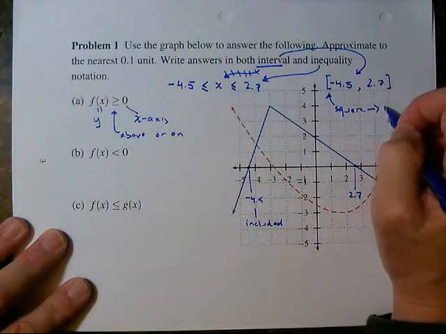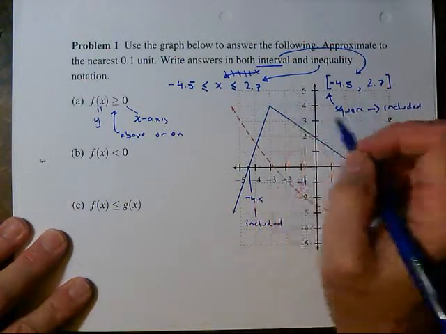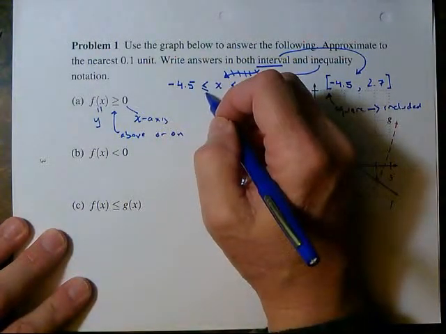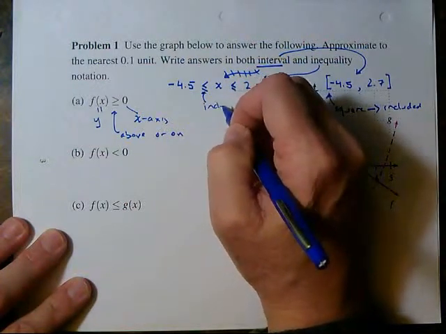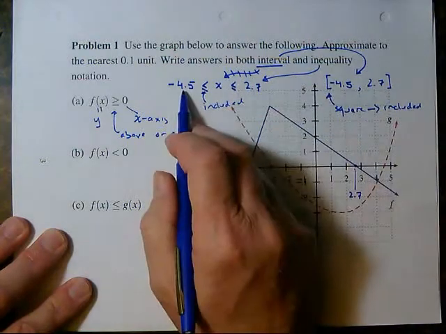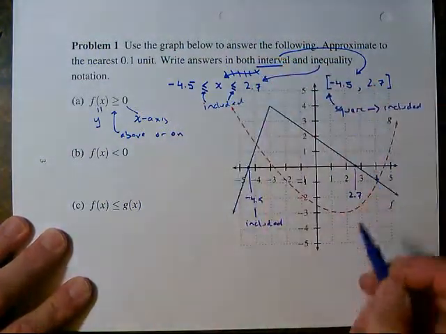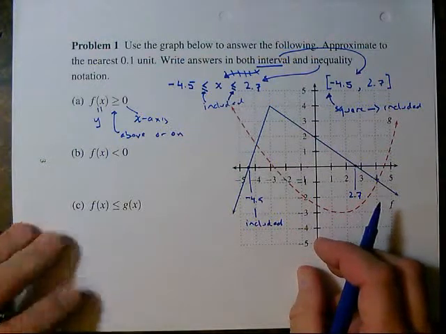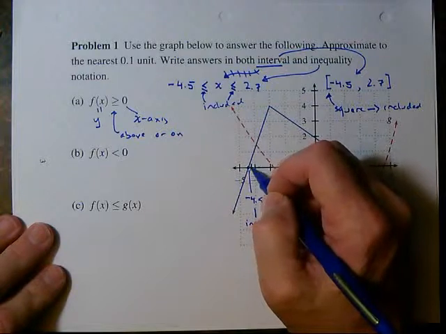So by using a square bracket, that means I'm included. This is a bit of review. Since I say less than or equal, the or equal part is how I say that the negative 4.5 is included, and ditto also for the less than or equal beside the 2.7.